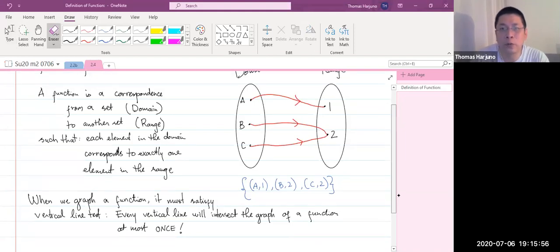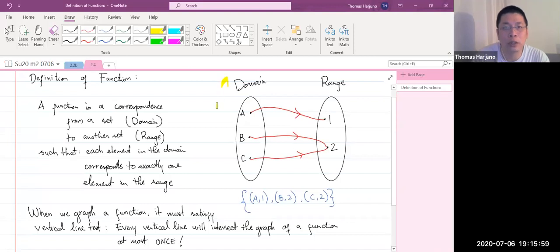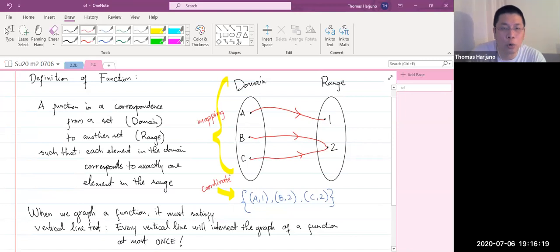Now, the notation we use up here we usually call the mapping method, while this one here is coordinates, or ordered pairs. Either can be used even if the relation is not a function.